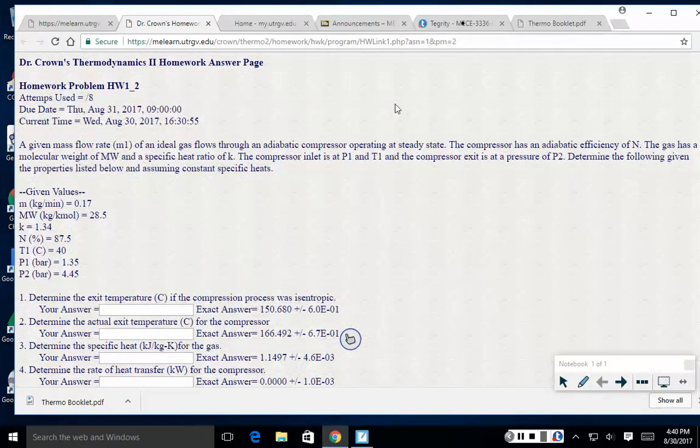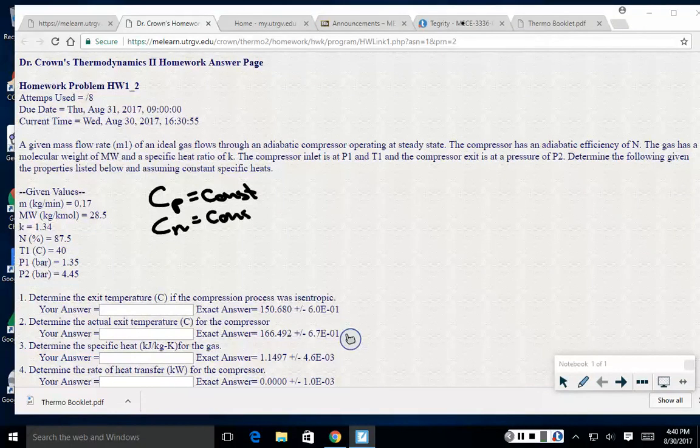If Cp is constant, Cv is constant. Sorry, that's a little ugly. If Cv is constant, then I have some equations that I can use on my equation sheet.